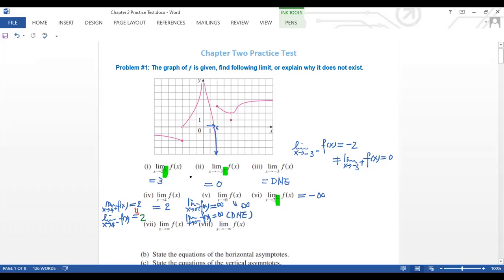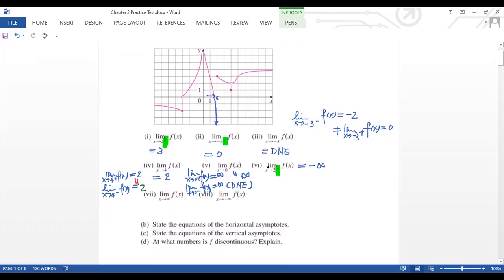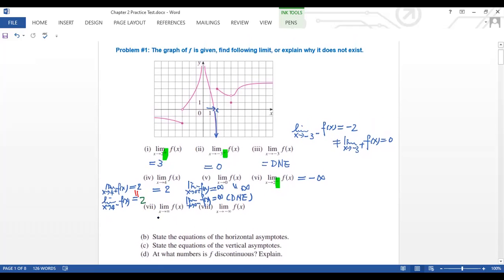Okay, so now the next thing here is when x approaches infinity. When x approaches positive infinity, that means x goes this way, right? So positive infinity. So what is the graph? Which graph goes when x goes to positive infinity?